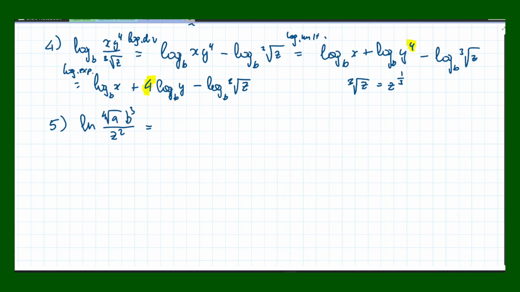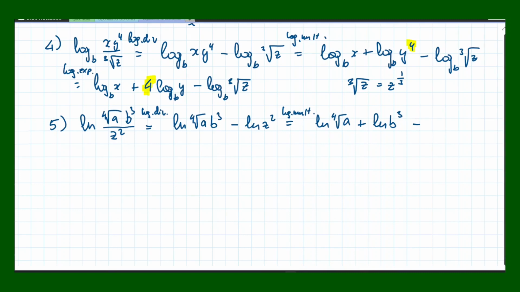So first of all, we're going to again apply the log division rule, and we're going to replace this as ln 4th root of a b cubed minus ln z squared. Then we're going to apply the log multiplication rule, and we replace the first term with ln 4th root of a plus ln b cubed, and the last term stays as negative ln z squared.